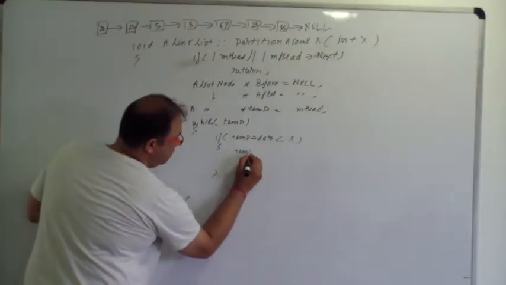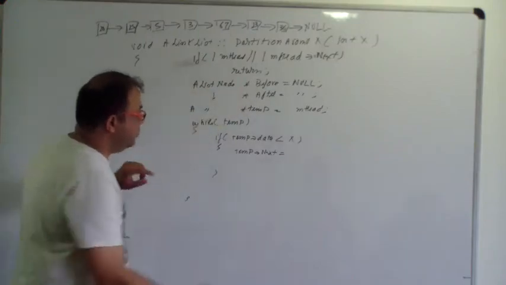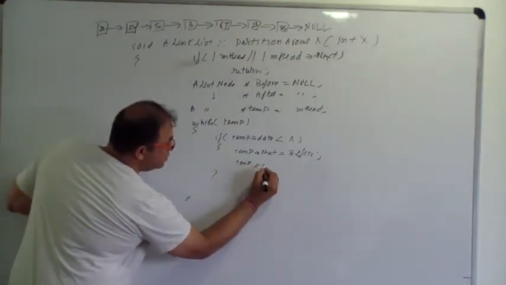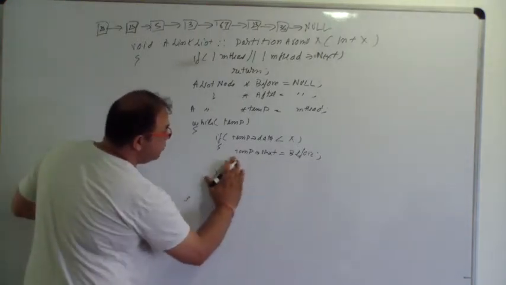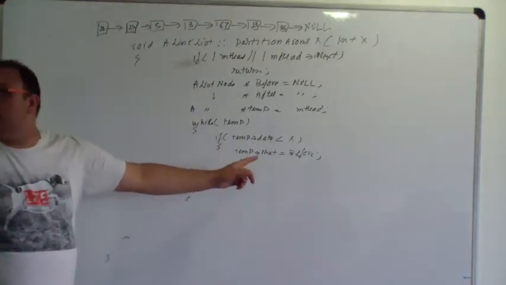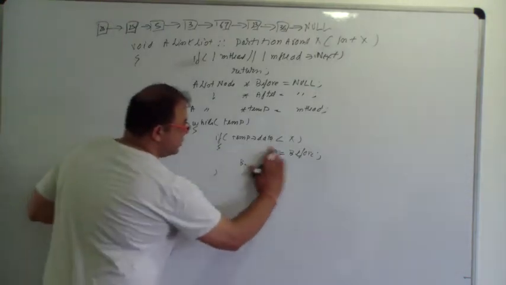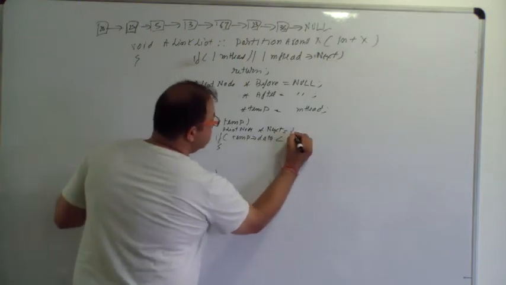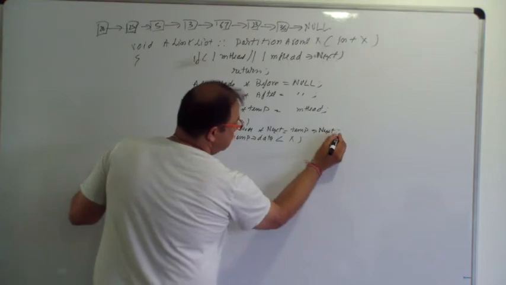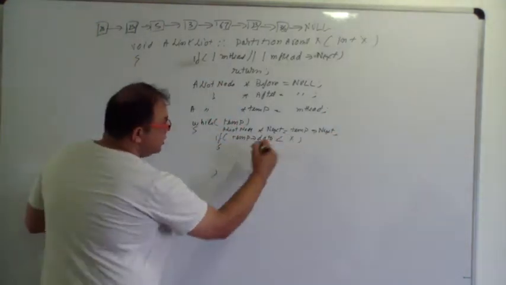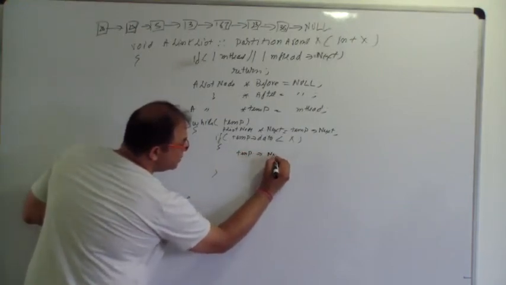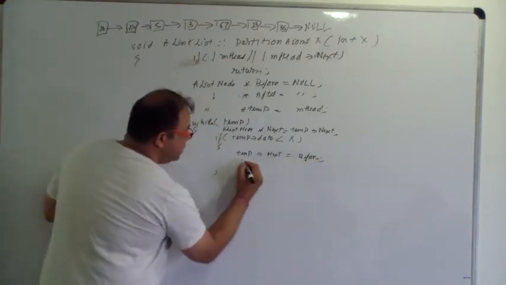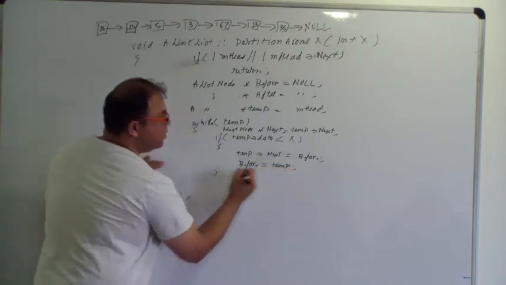We will say temp arrow next is equal to before, and then before is equal to temp. But first we need a backup, that's why we need a next. You need it above the if: next is equal to temp arrow next. Then temp arrow next is equal to before, and then before is equal to temp.